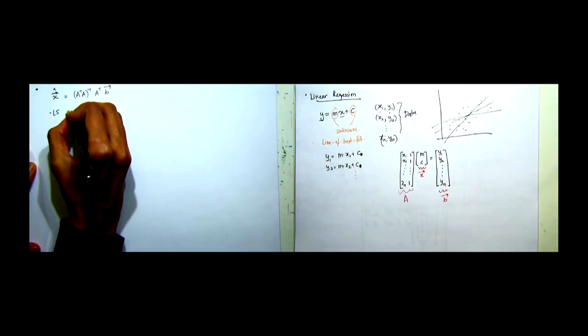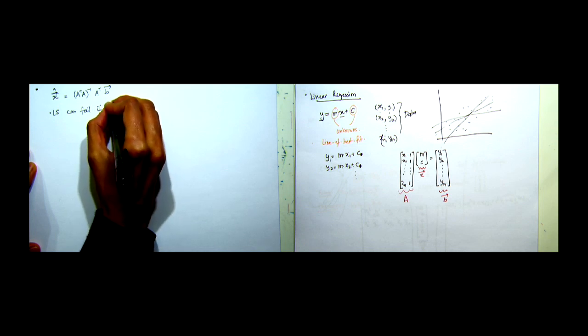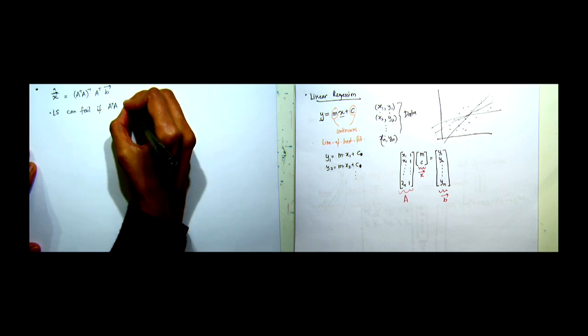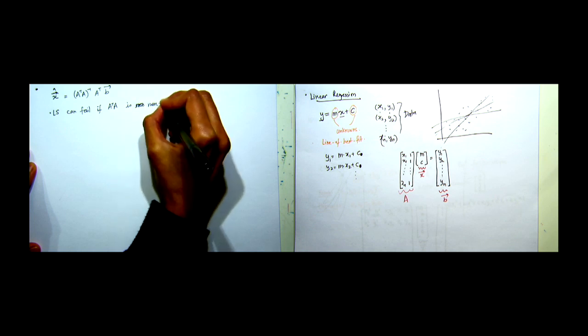No, right? A transpose A might not be invertible. And how do we get around that? Like, what happens to the least squares algorithm? And fundamentally, least squares can fail if A transpose A is non-invertible.